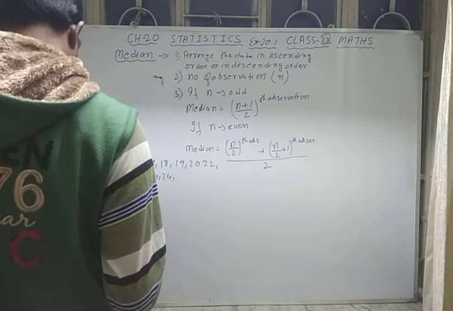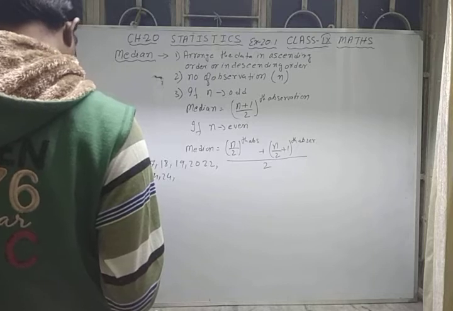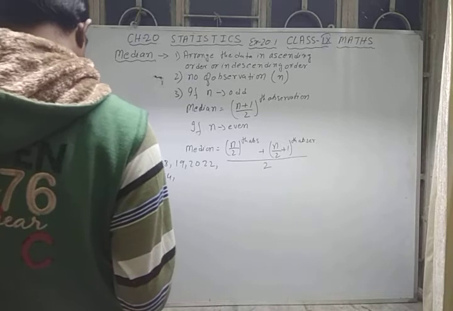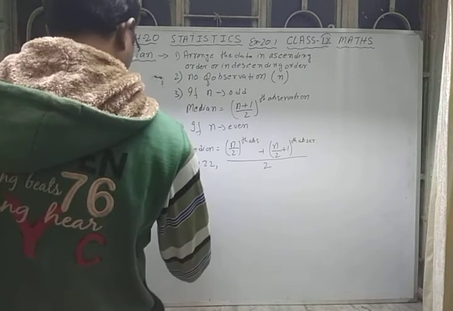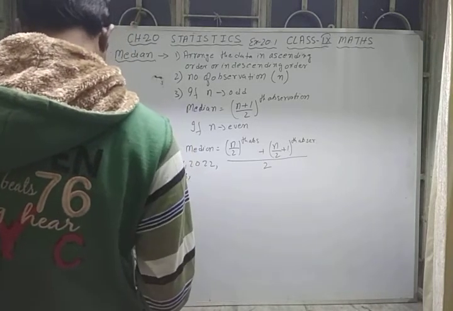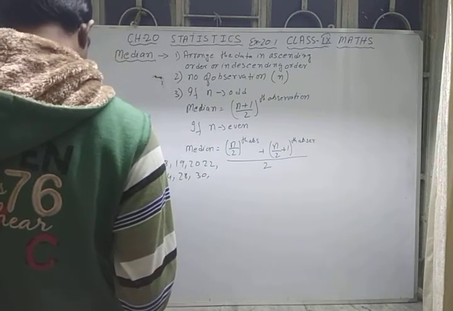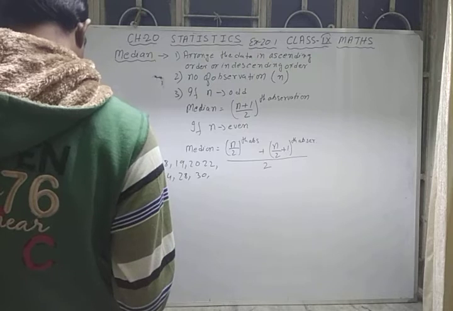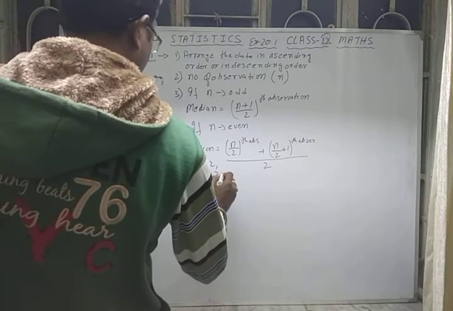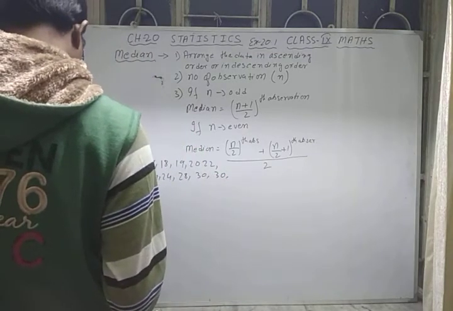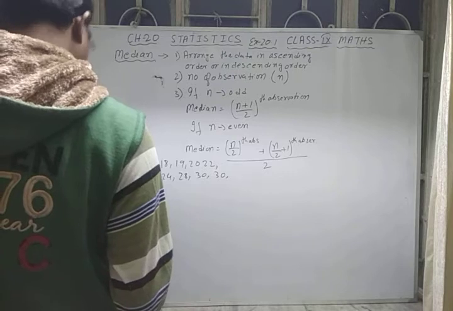After 24, 28 is given. After that, 30 is given 2 times. Just write 2 times. Then 32 is there.